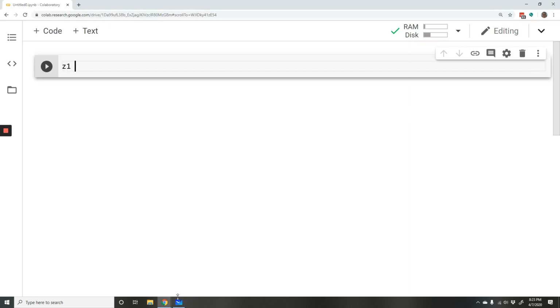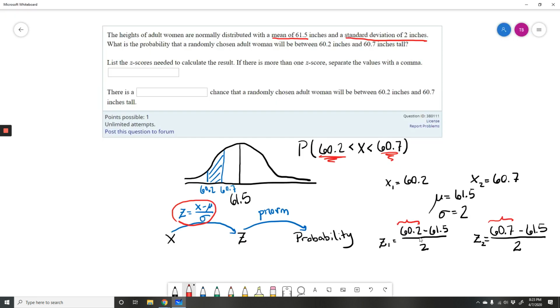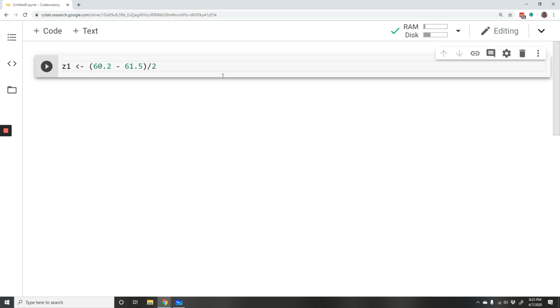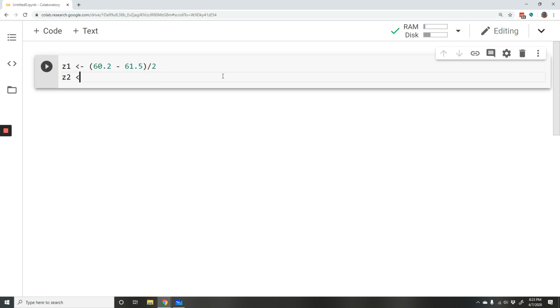So our first z, z1, is going to be, now remember those parentheses, 60.2 minus 61.5 divided by 2. Let me double check that. 60.2 minus 61.5 over 2. So that's correct. Okay, z2 will almost be the same.